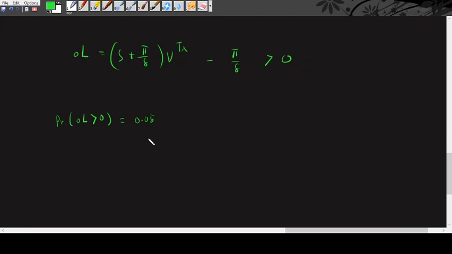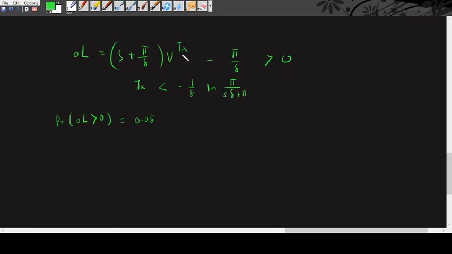For this case, we can find from here, by rearranging the equation, that T_x shall be less than negative 1 over delta times ln of pi over (S delta plus pi).